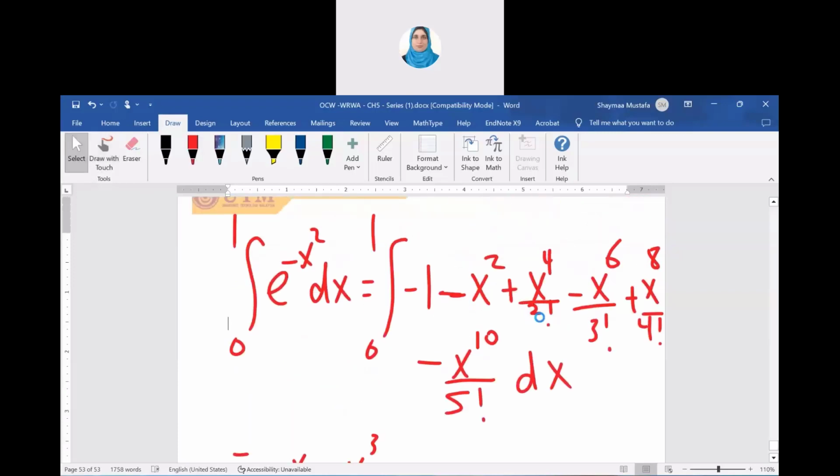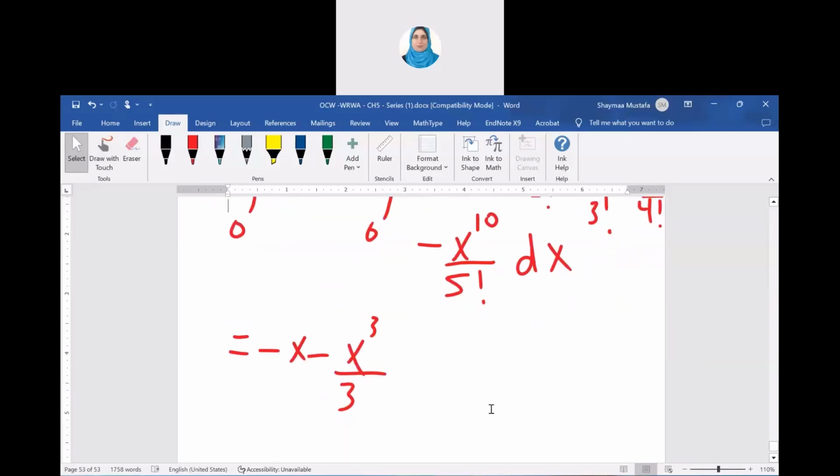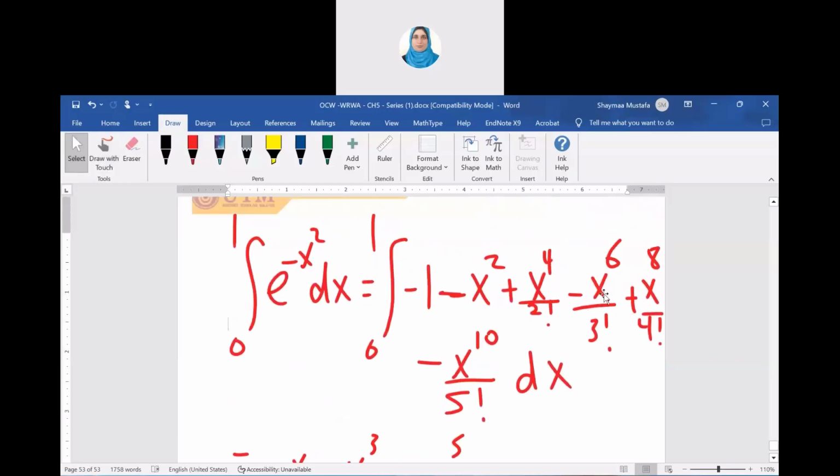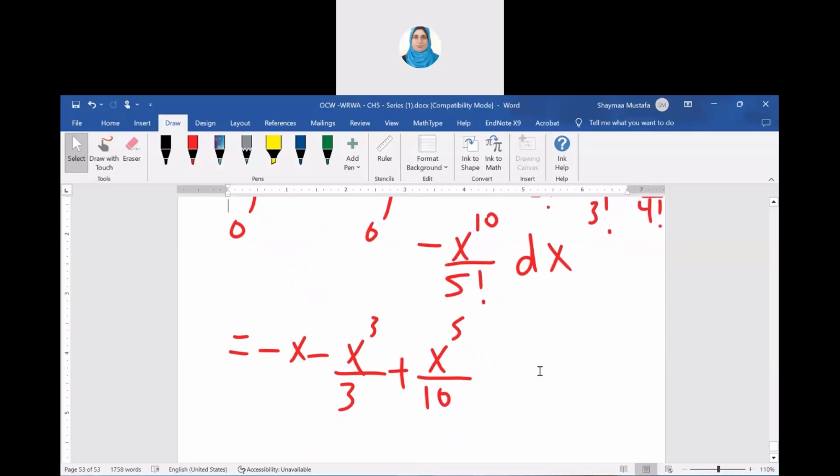The integration of x to the power 4 over 2 is x to the power 5 over 10, 5 times 2. The integration of x to the power 6 over 3 factorial is x to the power 7 over 3 factorial times 7.